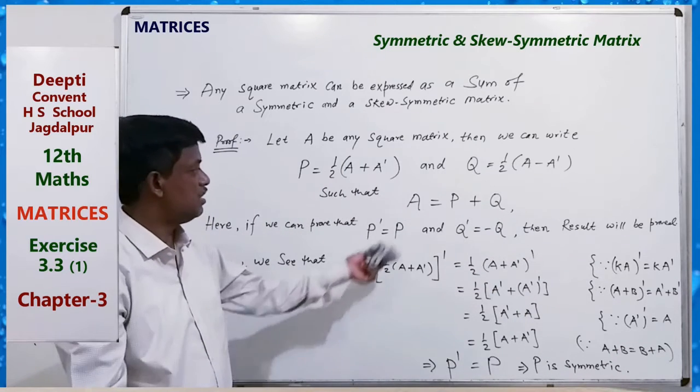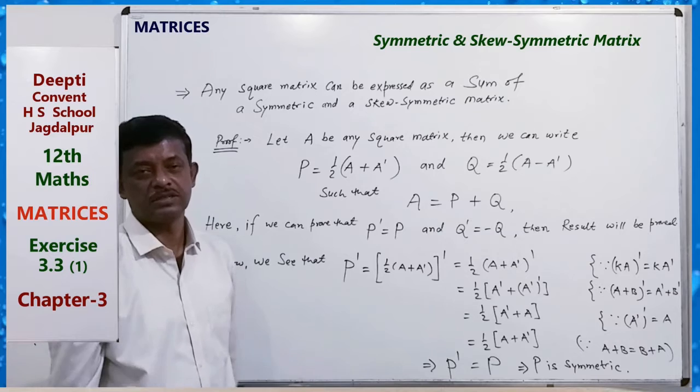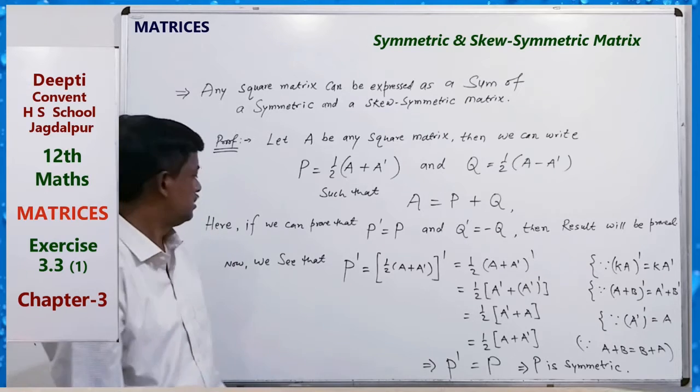Okay. Similarly, we can show that Q dash equals minus Q, that is, Q is skew symmetric.